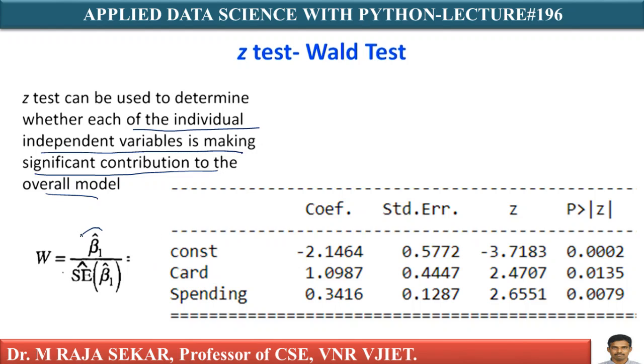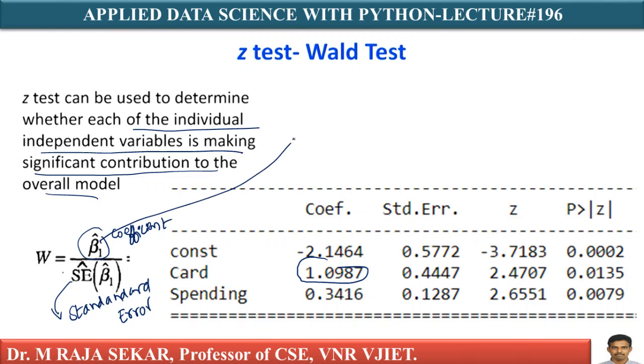This is the coefficient, divided by the standard error. That is the Z statistic, or I can say the Wald test. If you consider card, what is the coefficient, beta 1 cap?